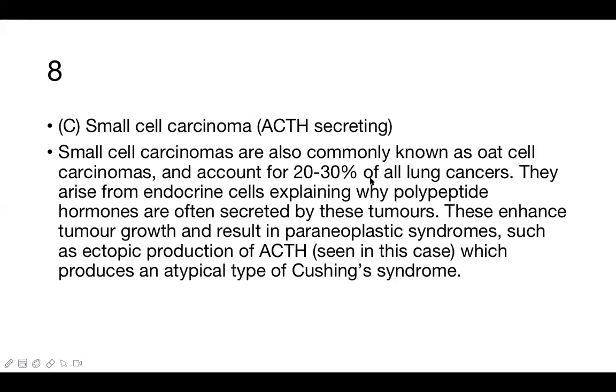Not the very common one, but one of the commonest. They arise from endocrine cells, explaining why polypeptide hormones are often secreted by these tumors. There are so many paraneoplastic syndromes. We can give example here. This Cushing syndrome because of ACTH. Okay. Another is SIADH. We have seen that case few cases ago, isn't it? These are the different examples.